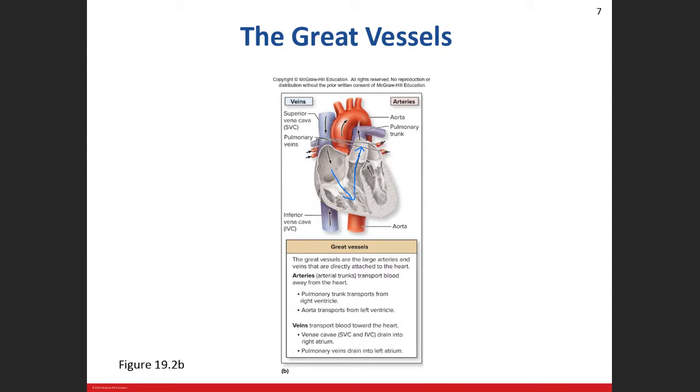It takes the blood to the lungs, gets oxygenated, then that oxygenated blood returns to the heart through the pulmonary veins. That's these guys and these guys here. And they get dumped into where I'm putting this X, that's the left atrium. Then it gets sent down to the left ventricle, and then the left ventricle pumps it out through the aorta. And those are your great vessels there.